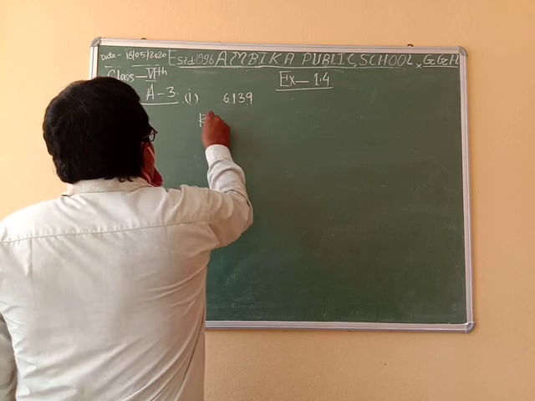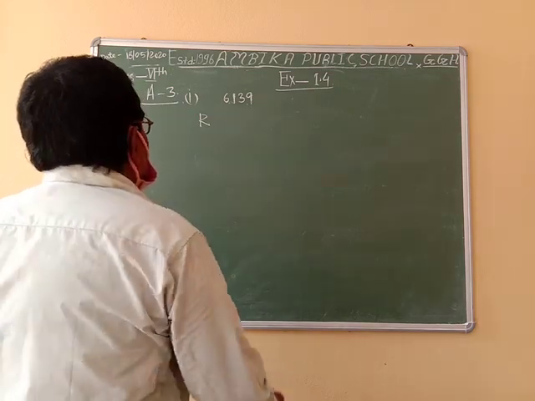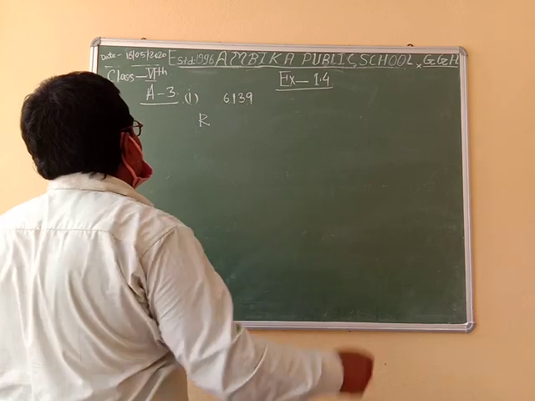So we replace the hundreds, tens and ones digits by 0.